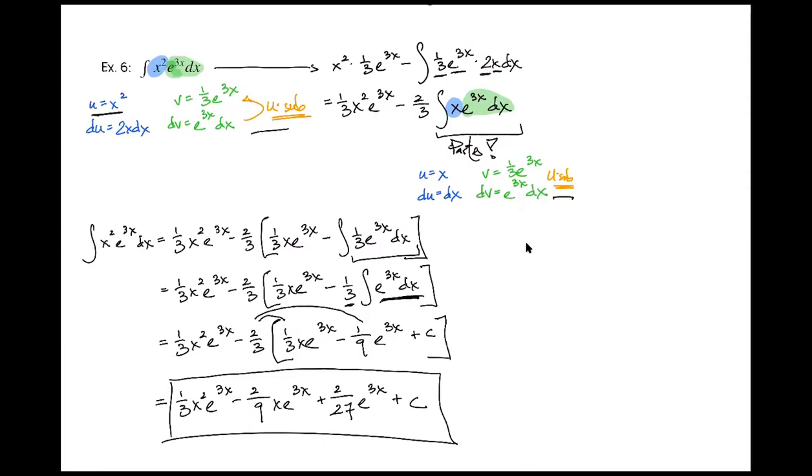Yeah, that power is 2. How many times did we need to do integration by parts? 2. Okay. So our power was 2. Our u was the polynomial. That meant we needed to do integration by parts 2 times.